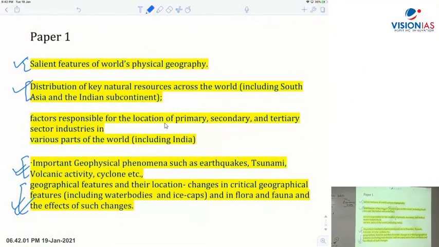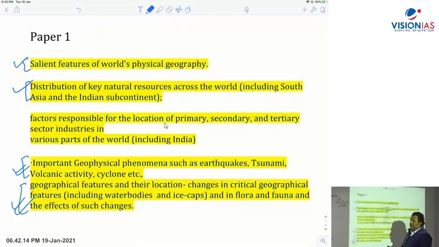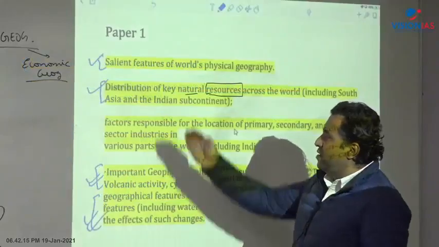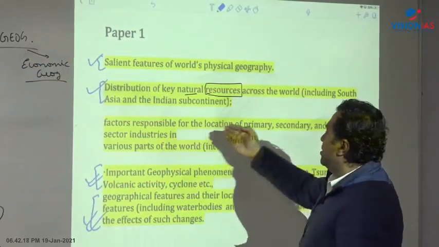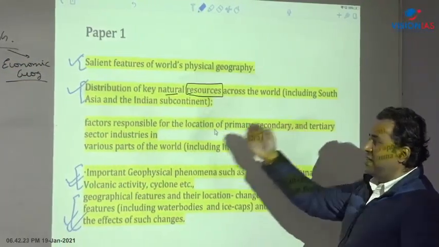Then the next is what? Factors responsible for location of primary, secondary and tertiary sector industries in various parts of the world. So now we have to understand this. What does this mean? Factors responsible for location of primary, secondary and tertiary sector industries.